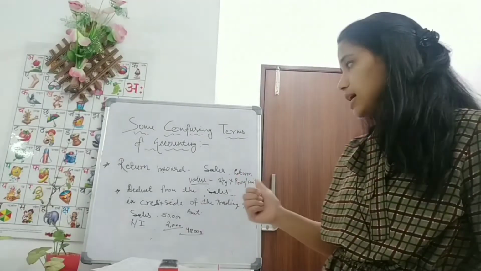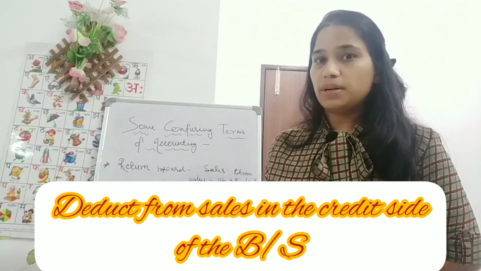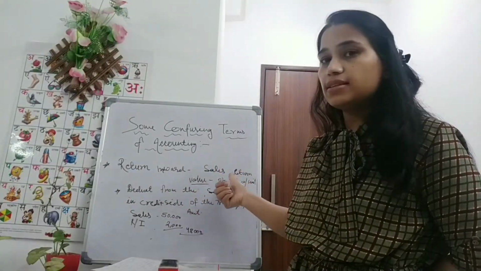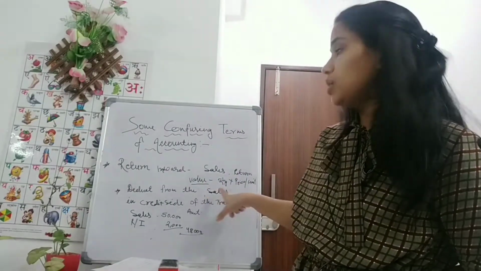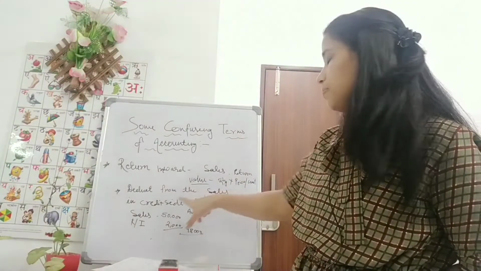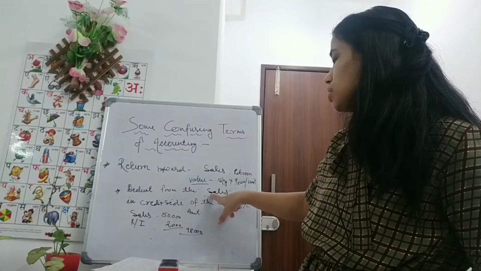So how will we do the accounting of sales returns? The accounting will be done as we did it for purchase return. We will reduce the value of sales returns. How will we get the value? Quantity into price per unit. We will get the value for sales return. We will deduct the sales return amount from the total sales.